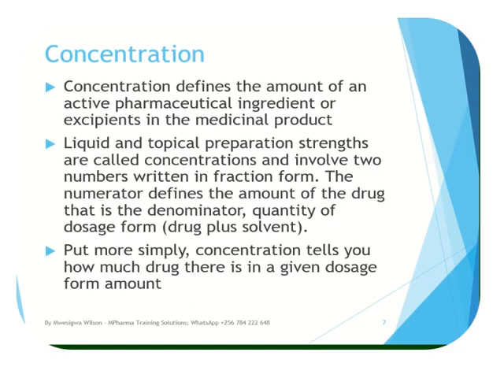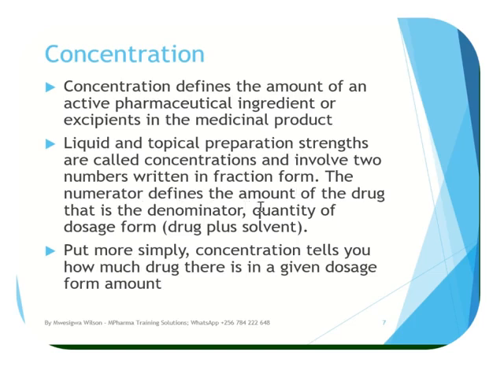Concentration defines the amount of active drug, or the active pharmaceutical ingredient, in a medicinal product. This is the same thing as saying strength. So liquid and topical preparation strengths are all called concentration and involve two numbers written in fraction form.